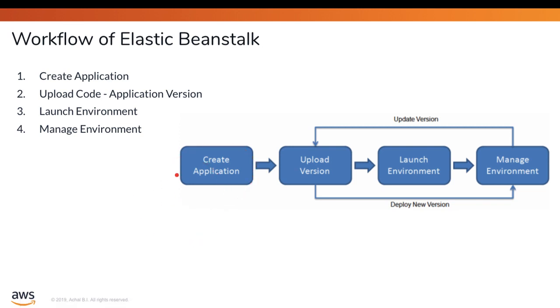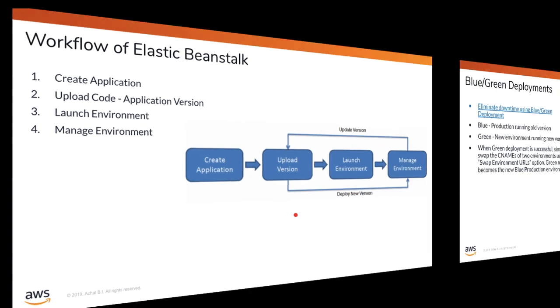You create an application, you upload a version to it, and it goes through launch environment, and again when you deploy it, it goes into managed environment, and a new updated environment version is updated. It's a pretty simple workflow.